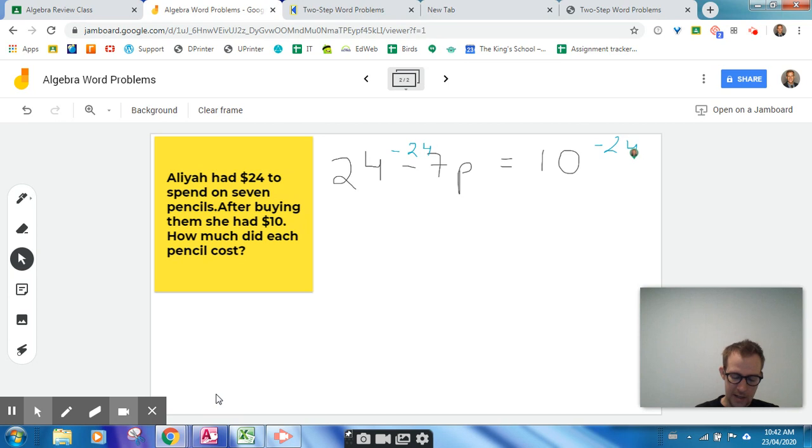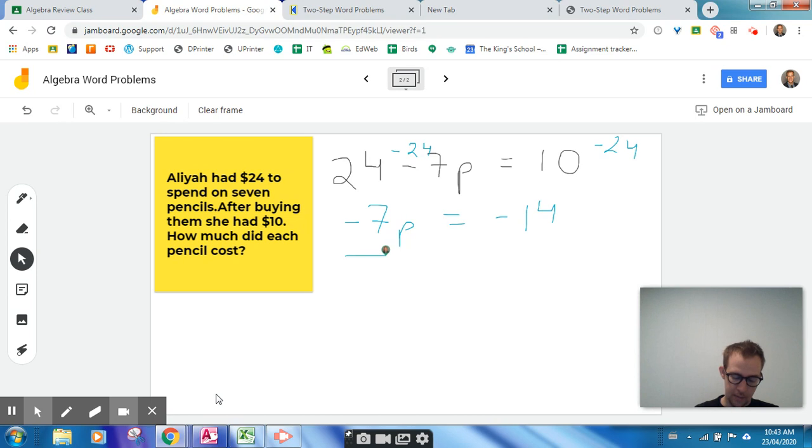It's not ideal to go into the negatives because you have to do a lot of other mental math to solve problems like that, but let's do that anyways. So once we do that, we've got that negative 7p is equal to negative 14.